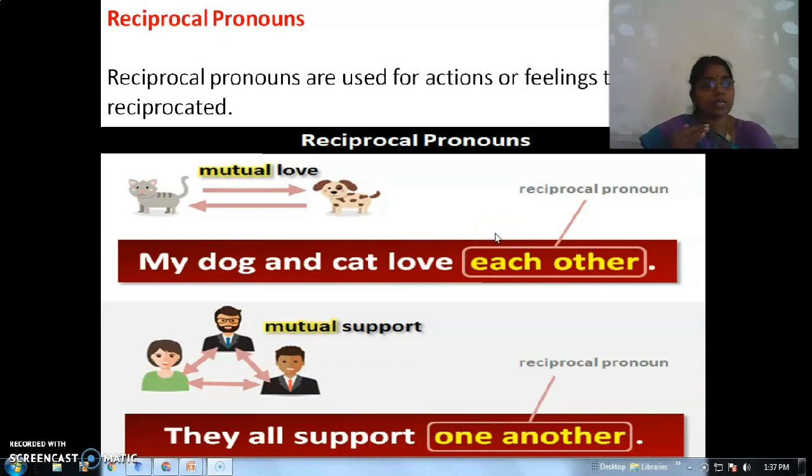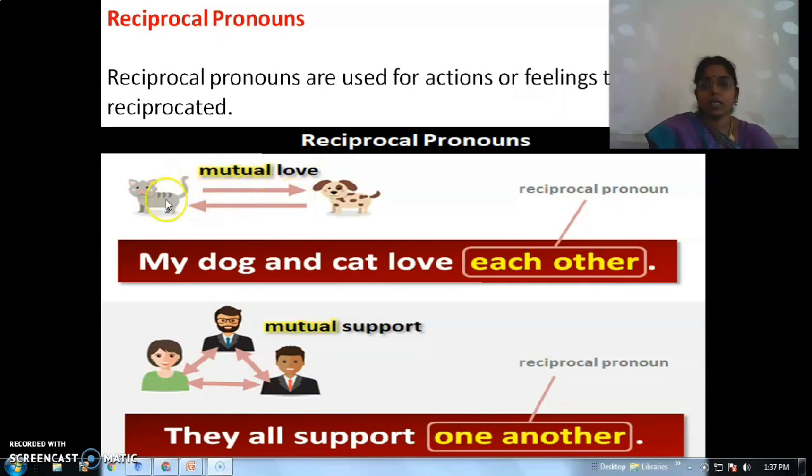When I say find the reciprocal, what will you do? You will change the numerator to denominator and denominator to numerator. That is what reciprocal is. Here also, reciprocals are used for actions or feelings that are reciprocated. We will see what it is. Mutual.